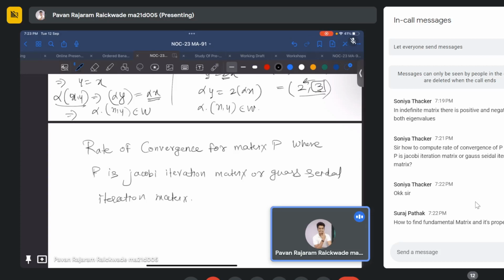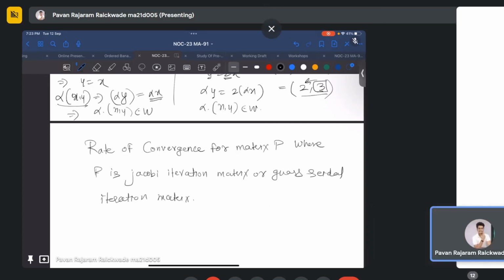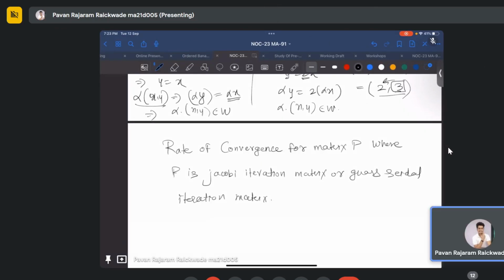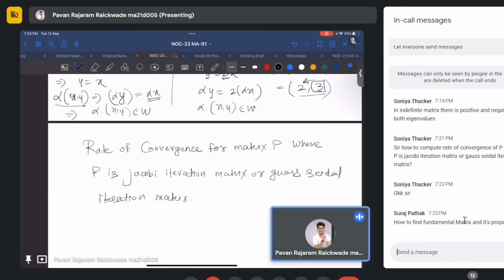How to find the fundamental matrix and its properties. What do you mean by fundamental matrix? Suraj Pathak, you had asked how to find the fundamental matrix and its properties. Can you tell me what a fundamental matrix is?